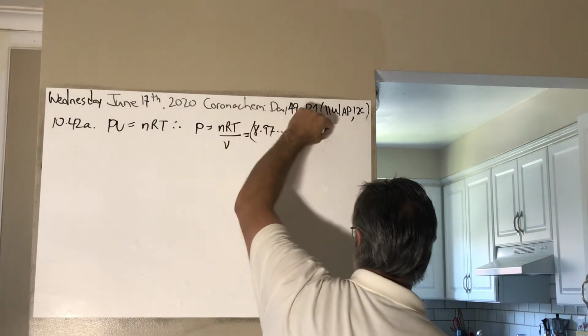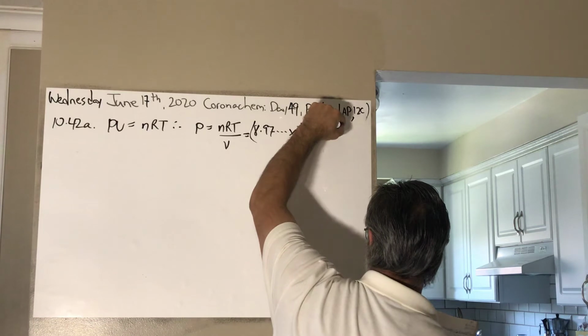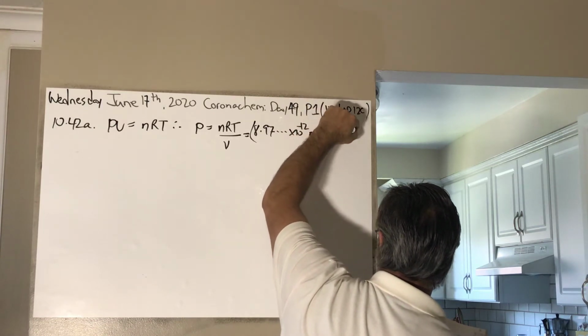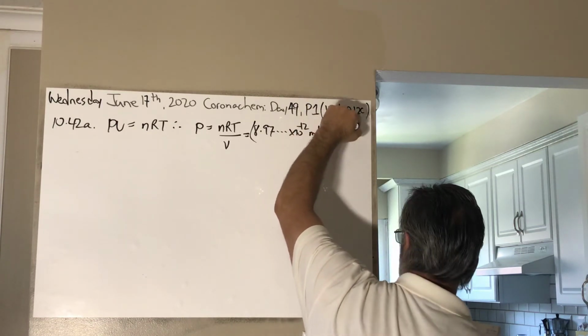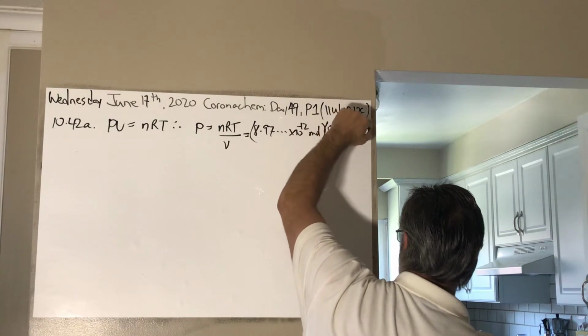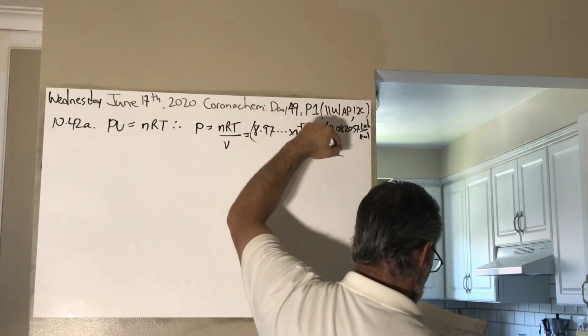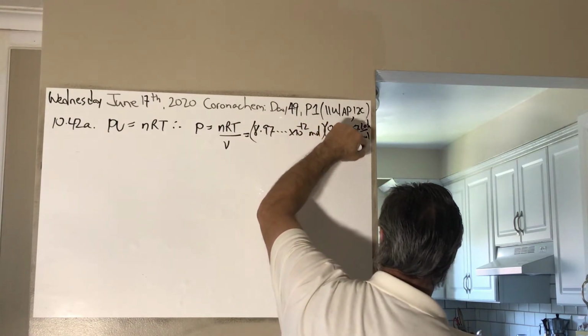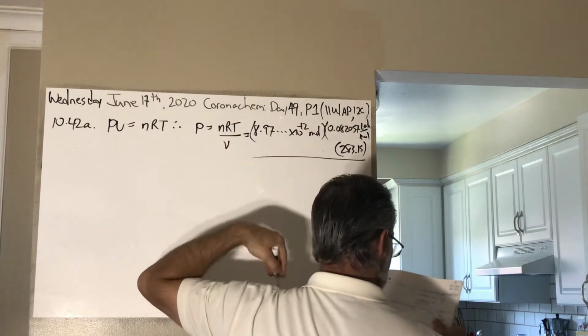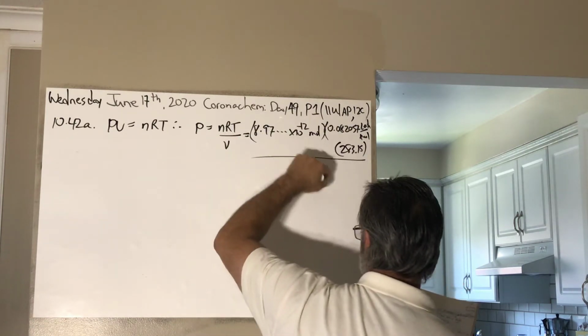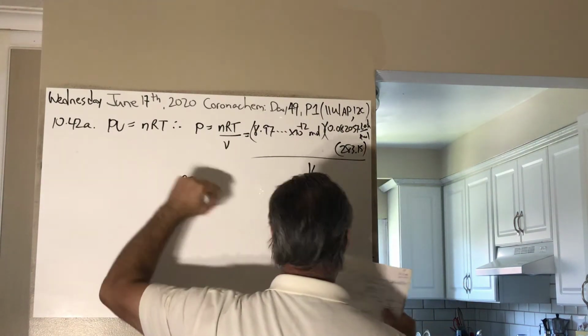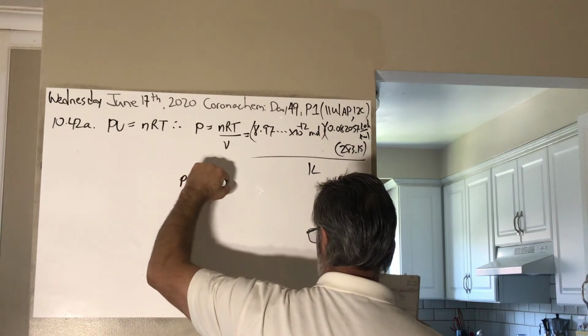Moles times 0.08206 liter atmospheres per Kelvin mole, and no room for the temperature, but it is 283.15, all over 1 liter.